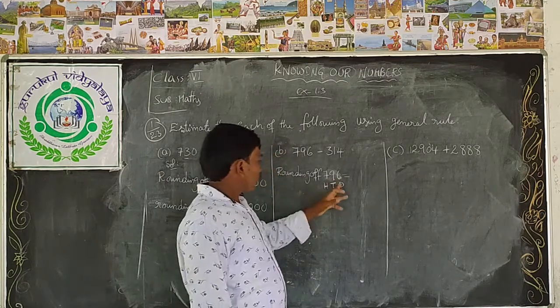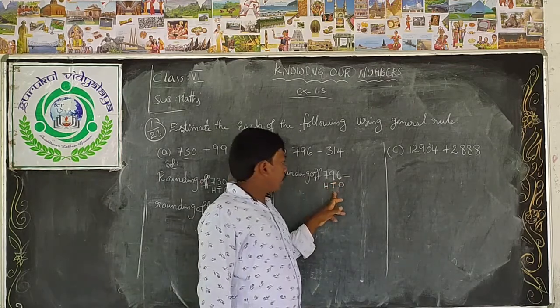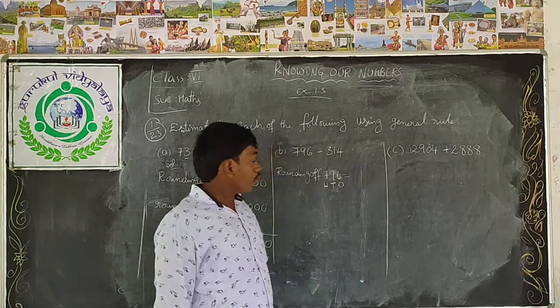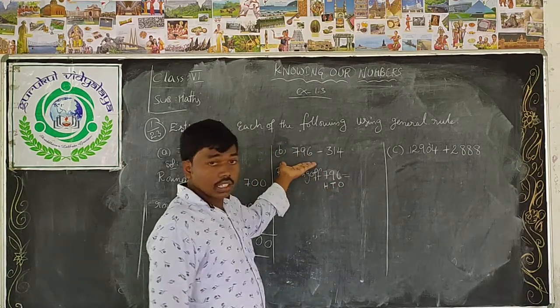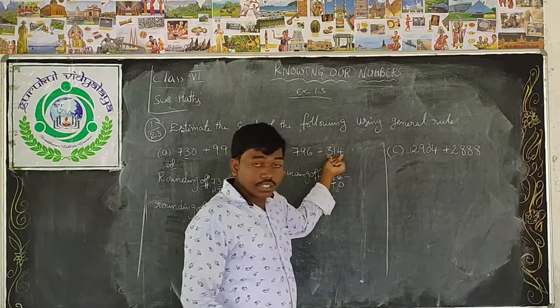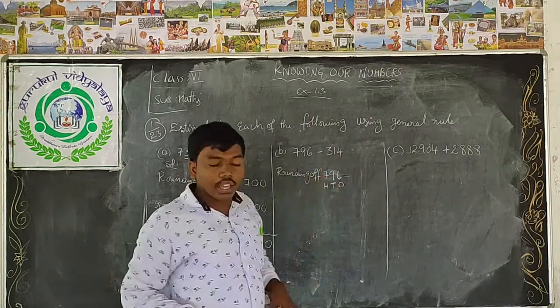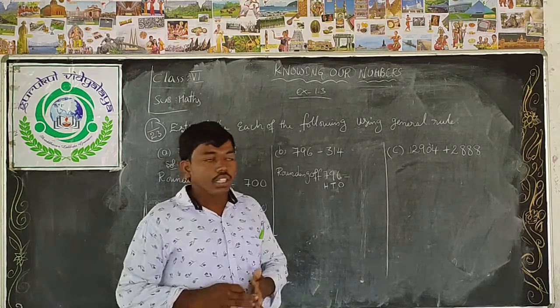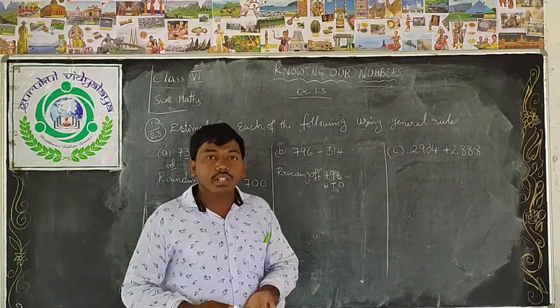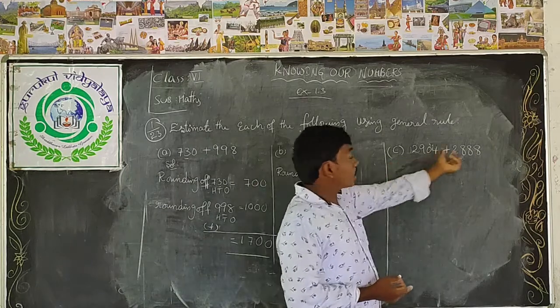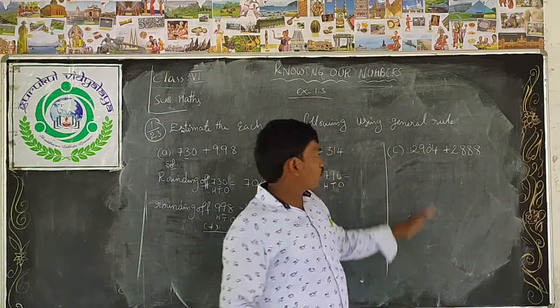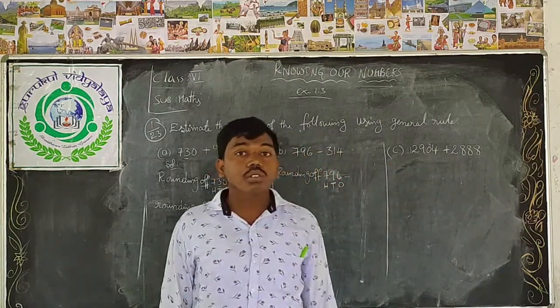The general rule is, if hundreds are given, we round to hundreds. If tens are given, we round to tens. If thousands are given, we round to thousands.